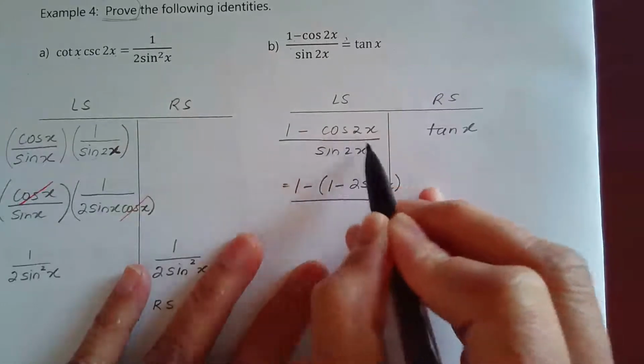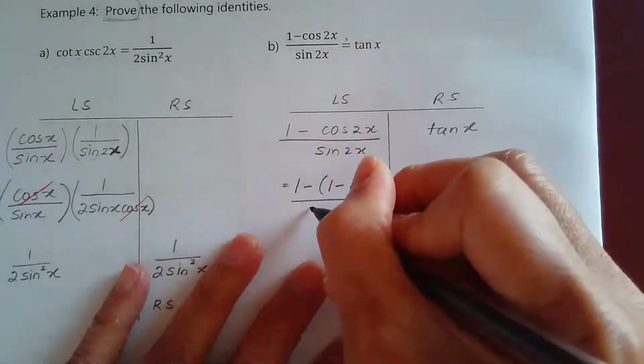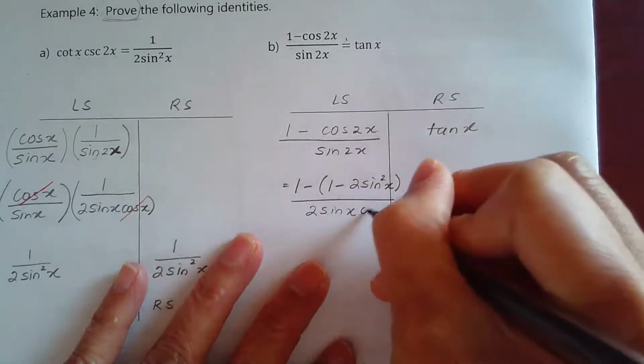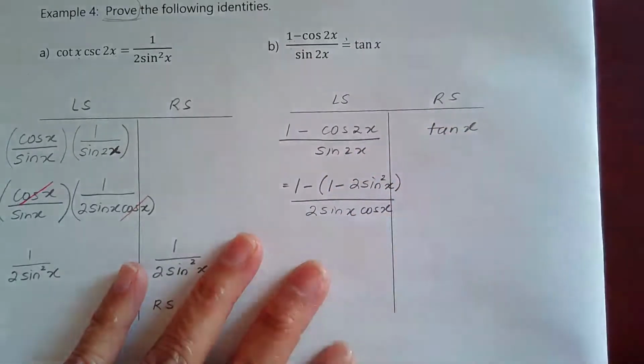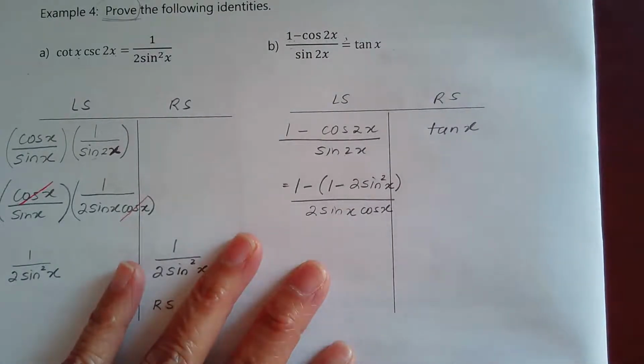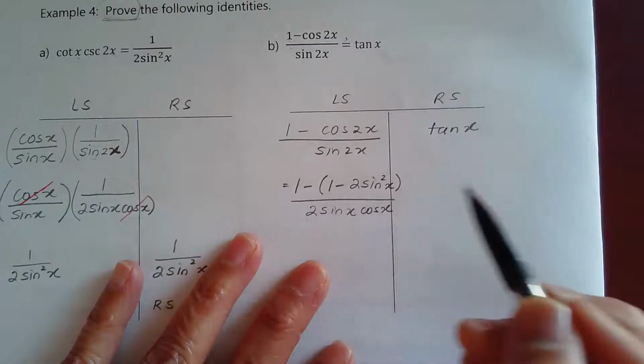Well, sine 2x we can rewrite as 2 sine of x times cos of x. Okay, so in this particular case, we can definitely clean things up in here.